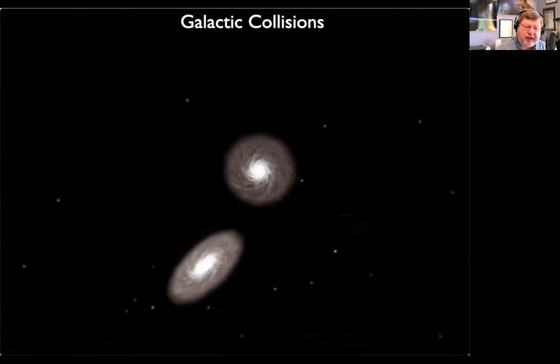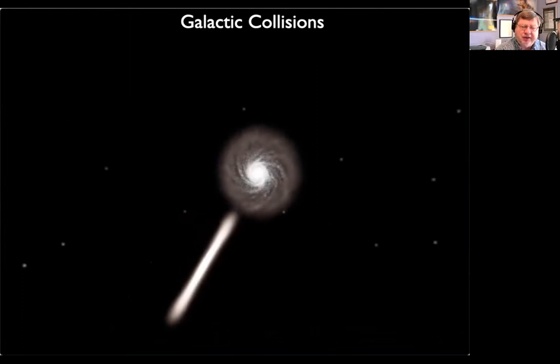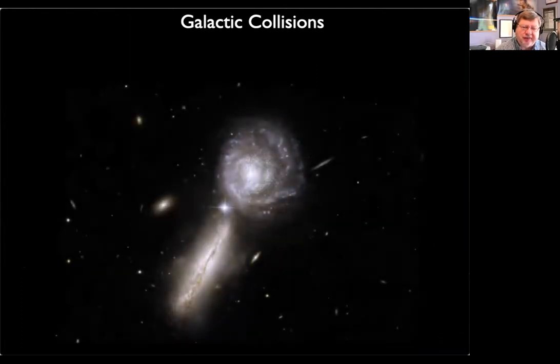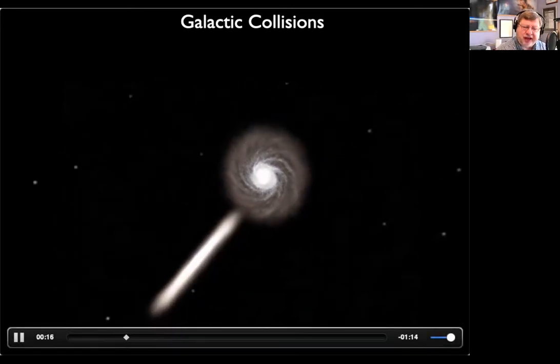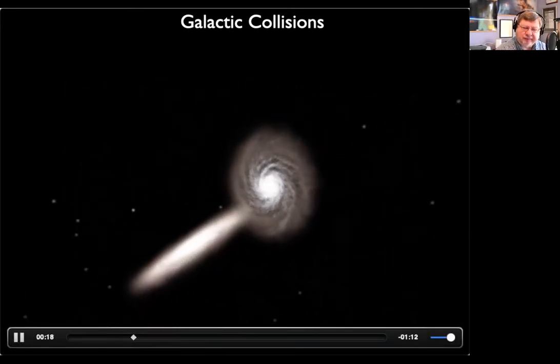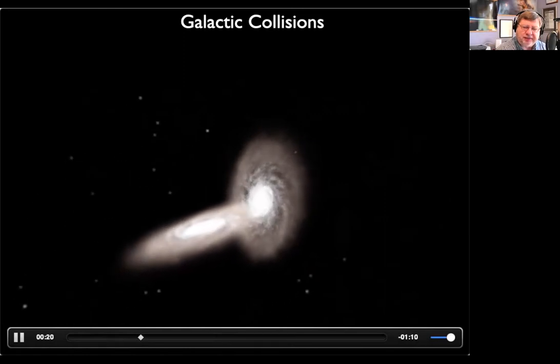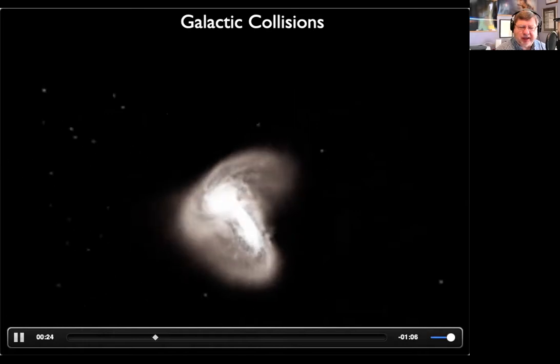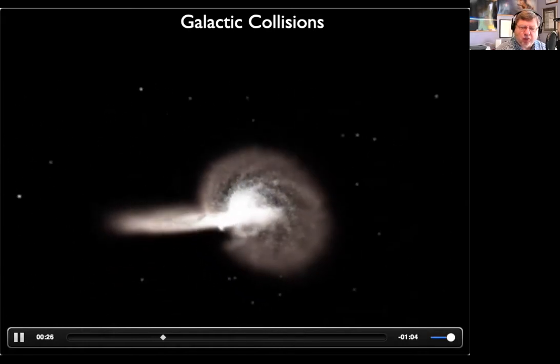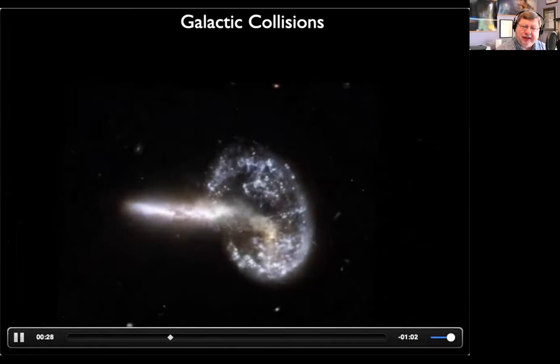So here's two galaxies in the simulation, two spiral galaxies coming in kind of angled. This is a photograph of two galaxies about to collide. Now the two spiral galaxies slam into each other. And you can see it's kind of warping the core of them. This is a photograph of two galaxies colliding.